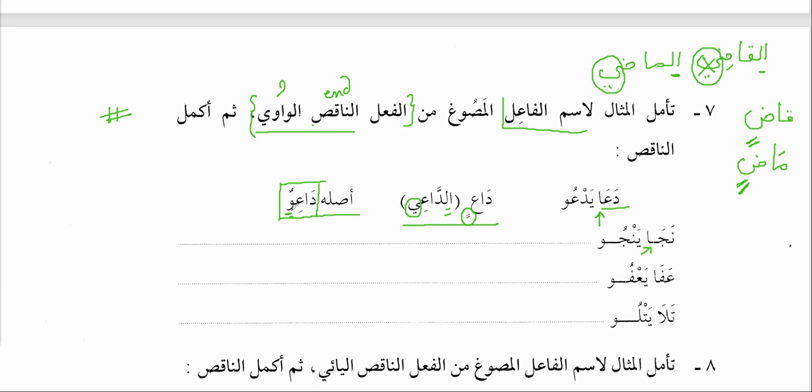And when this waw comes into existence, we don't use this scale, but we use this scale. So this waw is changed to a ya. And when this ya comes, it becomes da'i. Similarly, when you remove the lam at-tarif, it becomes da'in.